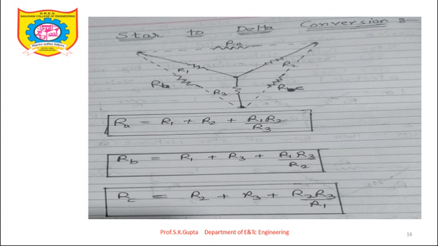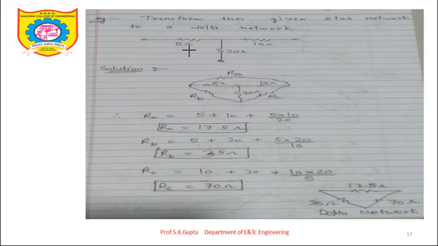So it will be more clear by the numerical. Okay. Question is: transform the given star network to a delta network. So this is one star network given, 5 ohm, 10 ohm and 20 ohm. These three are the resistances present in the star network.